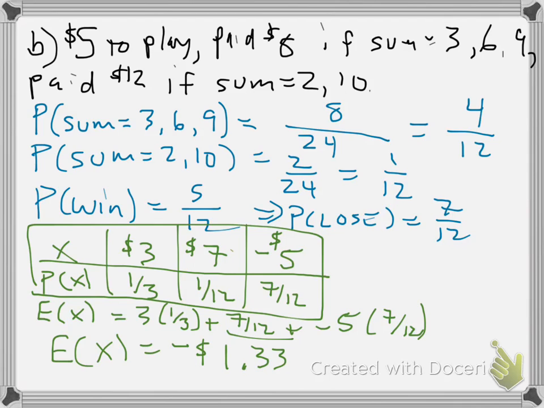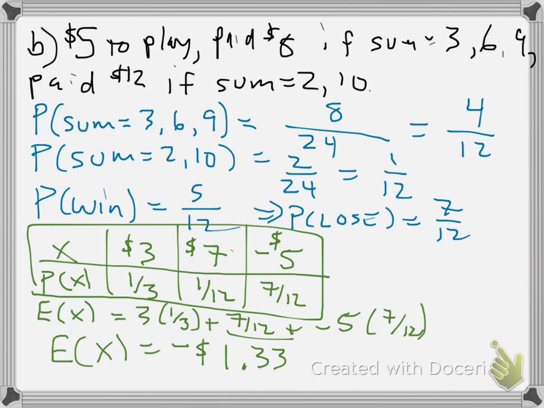Now I just want to reiterate that there's no way, if I play this game only one time, that I can lose $1.33. If I played it once, I would either come up $3 up, $7 up, or $5 down. But if I played this, let's say 100 times, and then at the end of the 100 times, I took how much money I had or lost and divided that by the amount of times I played, I'd find an average amount of money that I would have made per play.